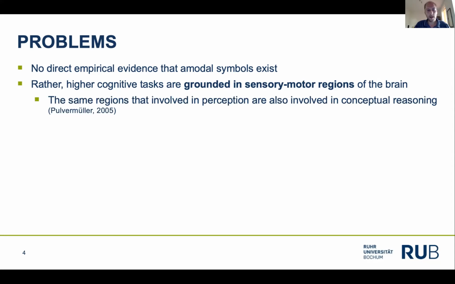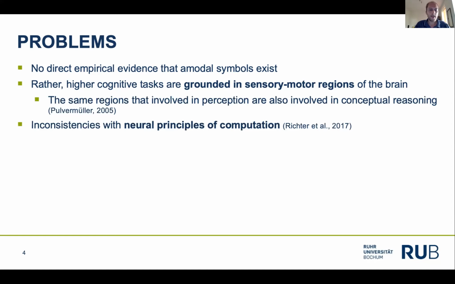So, for example, I might have a region in my brain which I use to identify chairs or visually search for chairs. And the grounded cognition hypothesis is that I use those same brain regions when I solve some abstract reasoning problems about chairs.